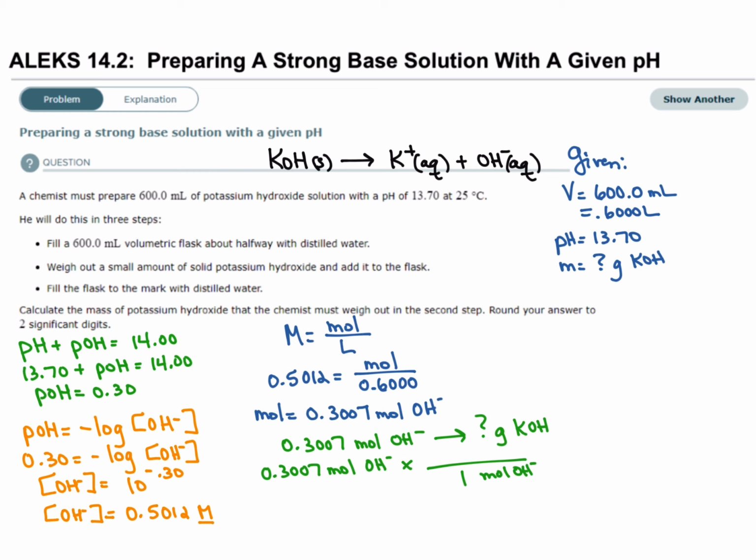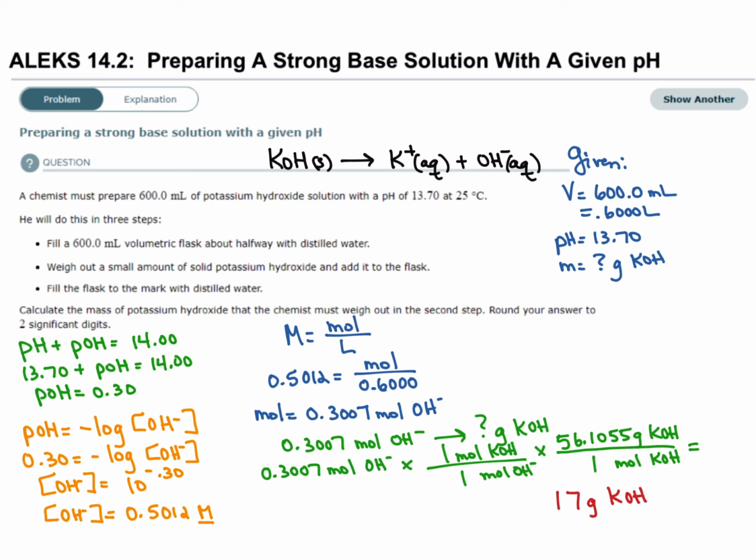For every 1 mole of hydroxide, I have 1 mole of potassium hydroxide. Moles of potassium hydroxide is in the numerator, so now I've got to put moles of potassium hydroxide in the denominator. Take a look at the periodic table. 1 mole of potassium hydroxide is equal to 56.1055 grams of potassium hydroxide. Our final answer should be in 2 significant figures, so this will equal 17 grams of potassium hydroxide.